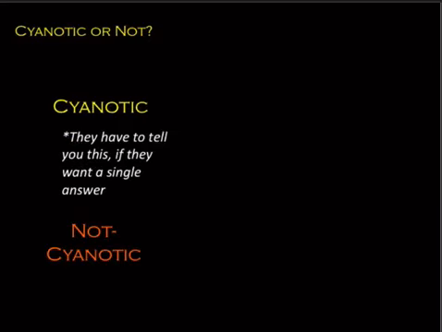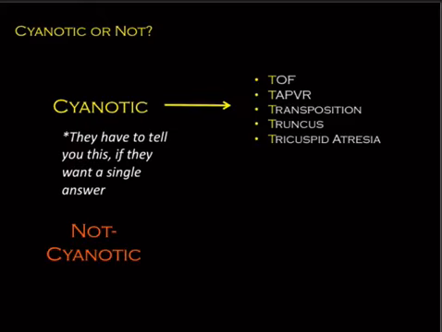You have to memorize this differential, but it's easy. If they're cyanotic, that's one of these T's. And basically it means that you've got a situation where blood has a hard time getting oxygenated and then getting out into the systemic circulation. So anything that starts with a T is typically cyanotic.